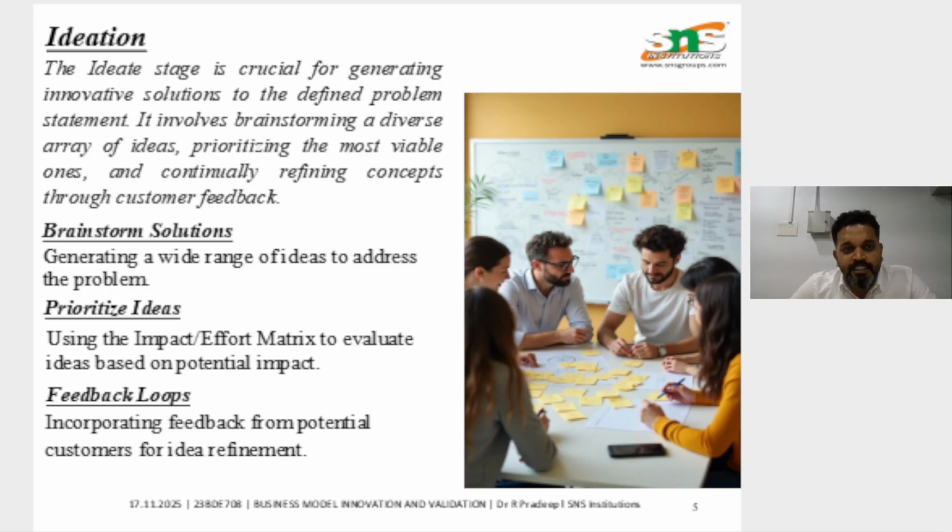The ideation stage is crucial for generating innovative solutions to the defined problem statement. It involves brainstorming a diverse array of ideas, prioritizing the most viable ones, and continually refining concepts through customer feedback.